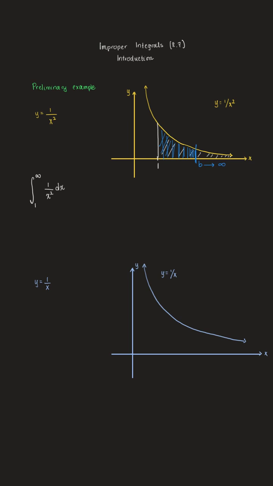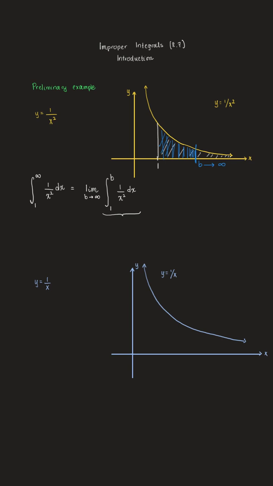So we define this improper integral as the limit as b gets arbitrarily large of the integral from 1 to b of 1 over x squared dx. This part calculates the area between the curve and the x-axis from 1 to some constant b that's bigger than 1, and then we let b get arbitrarily large, since we can't just plug infinity into an expression.